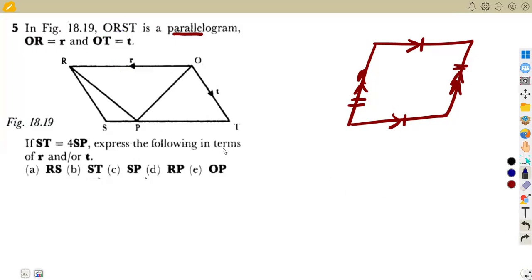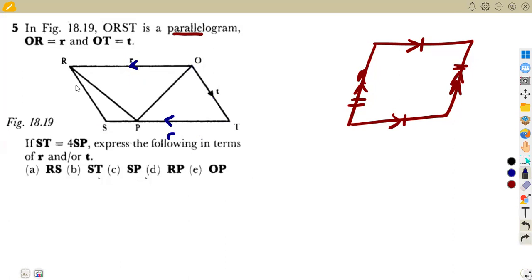It's not about just being equal. They are parallel. It must face the same direction. The arrow is facing this direction. So if this is vector R, it follows that also this vector is going to be R. The whole of this line is going to be given as what? As R.